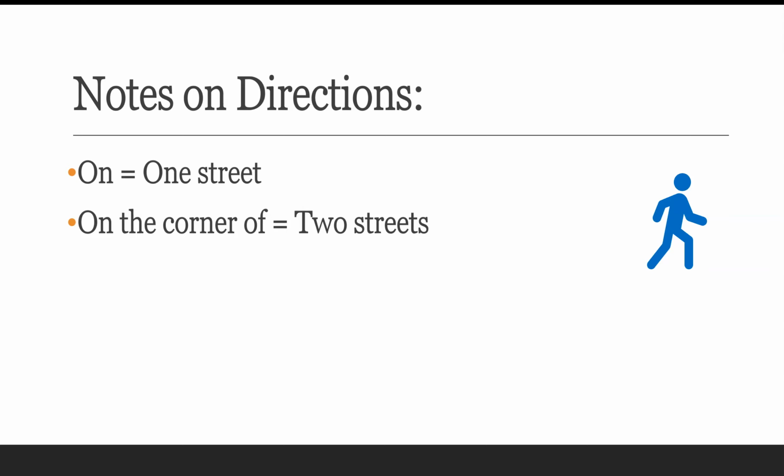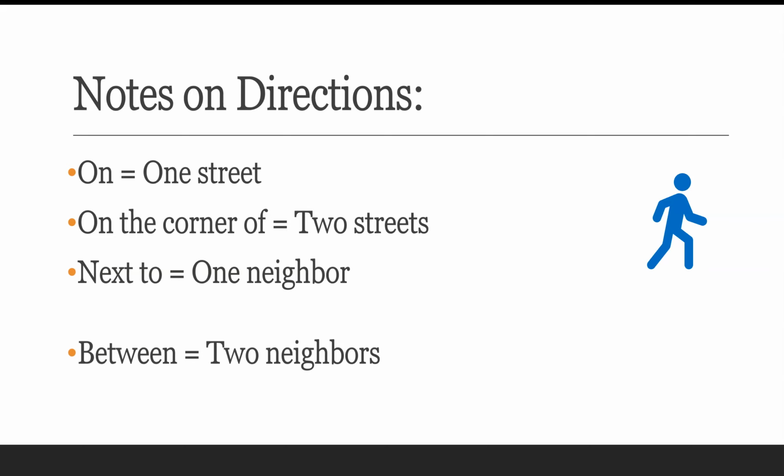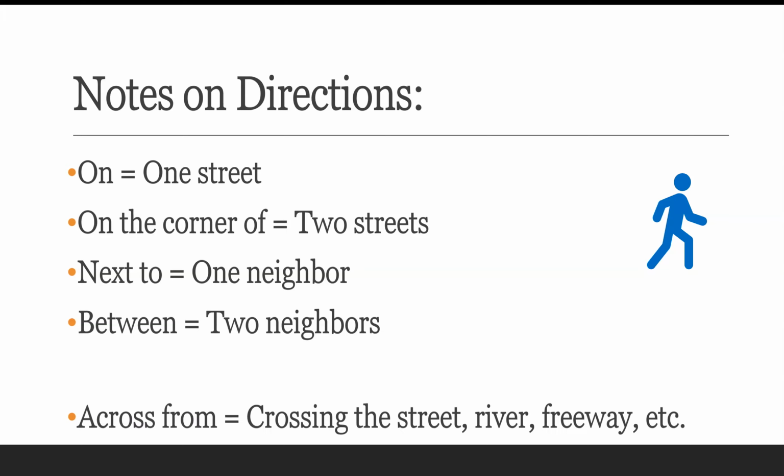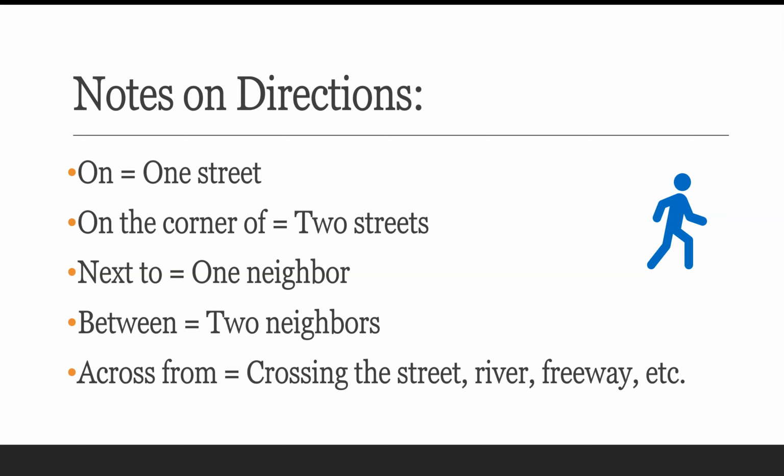You need to say everything. On the corner of. Next to is one neighbor. Between is two neighbors. And across from means you are crossing the street, the river, the freeway, etc. You're crossing something, right? Across from.